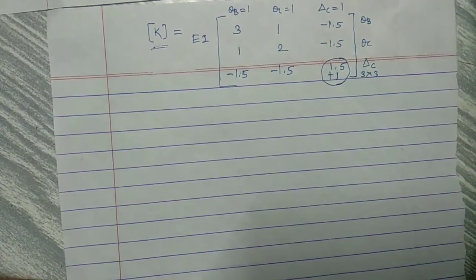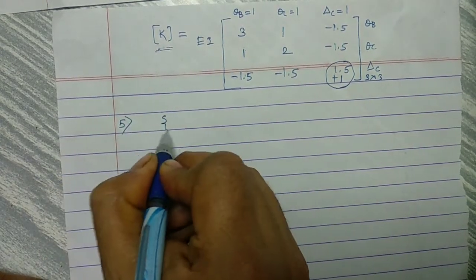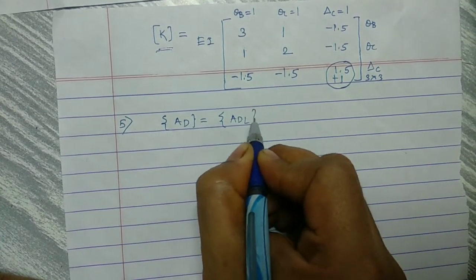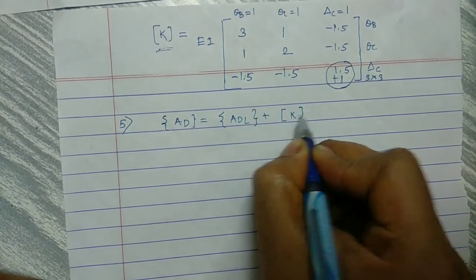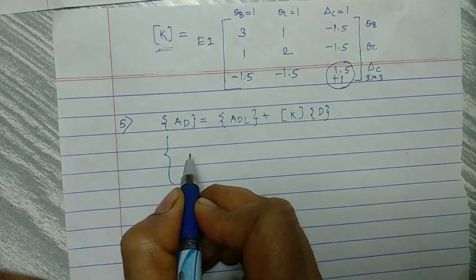Now apply the equation of equilibrium, that is step number 5. Write the equation AD equals ADL plus K into delta. All elements we have calculated earlier.